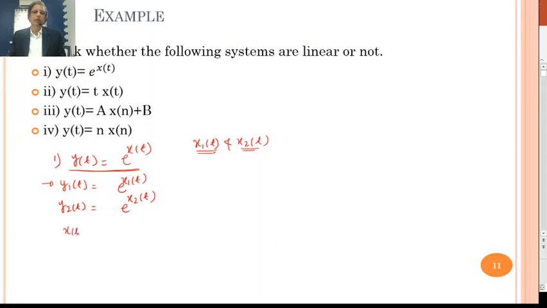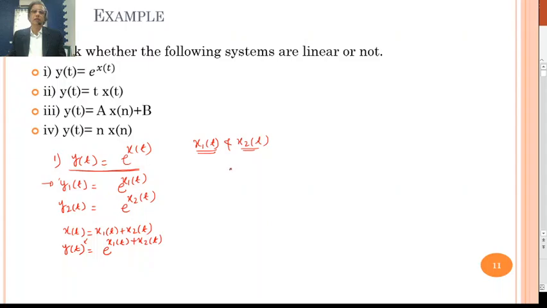Now x of t becomes x1t plus x2t, and find out the response. Now the response due to these two signals equals e raised to, instead of xt, substitute x1t plus x2t.